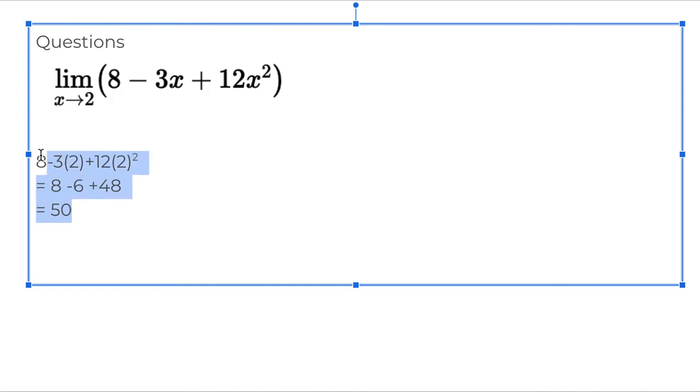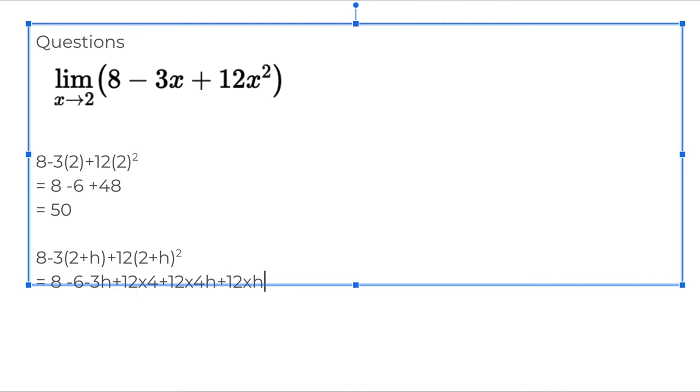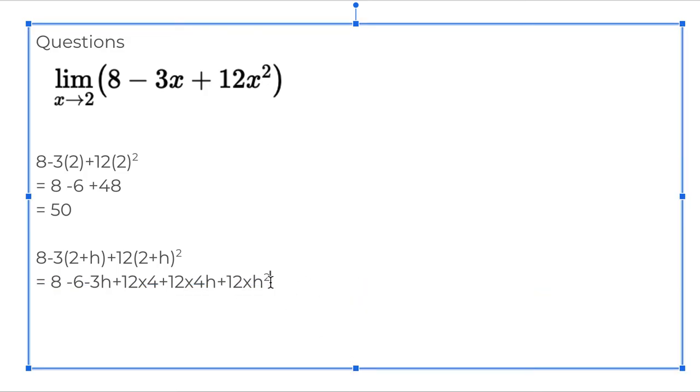Let's do the same thing again, but with some difference. What I say is that it's in the neighborhood of 2, right? So it's going to be 2 plus h. Now I'll subtract this part. It will be 8 minus 3 times (2 plus h), that is 6 minus 3h, plus 12 times (4 plus 4h plus h square). Now you need to understand that h would tend to 0.